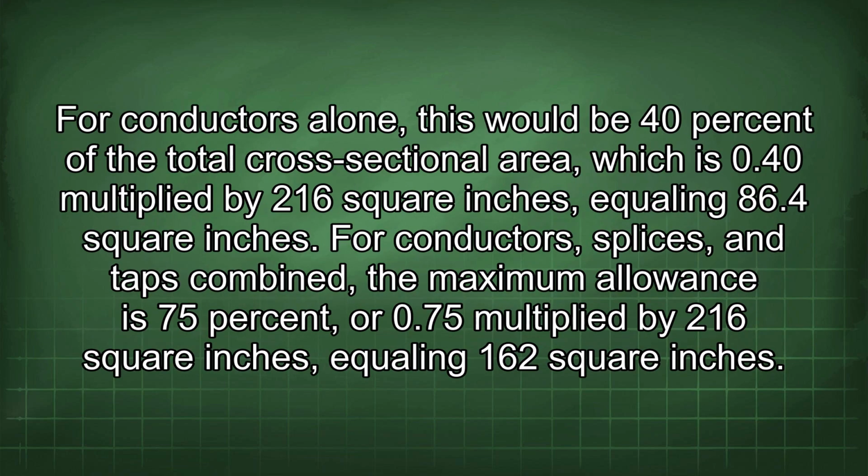For conductors alone, this would be 40% of the total cross-sectional area, which is 0.40 multiplied by 216 square inches, equaling 86.4 square inches. For conductors, splices, and taps combined, the maximum allowance is 75%, or 0.75 multiplied by 216 square inches, equaling 162 square inches.